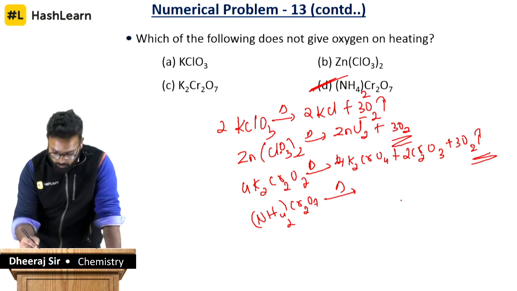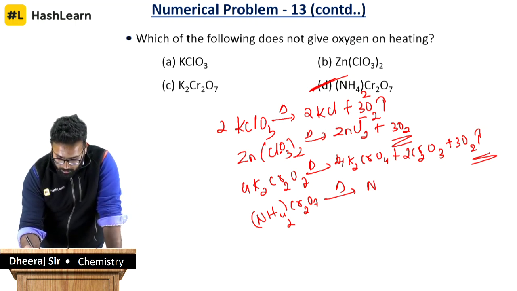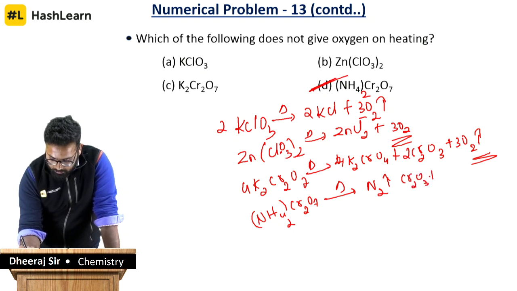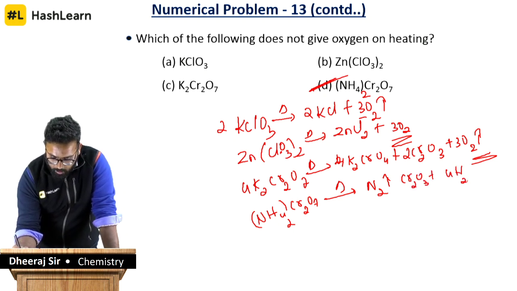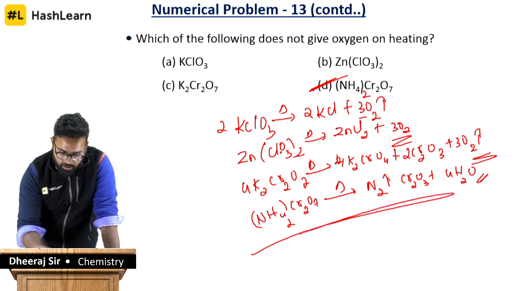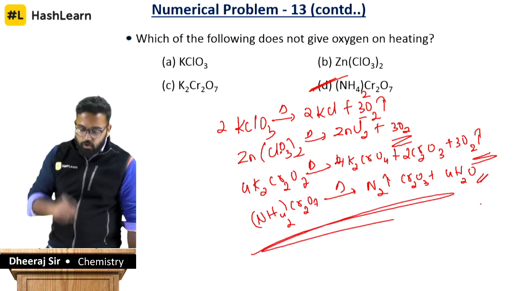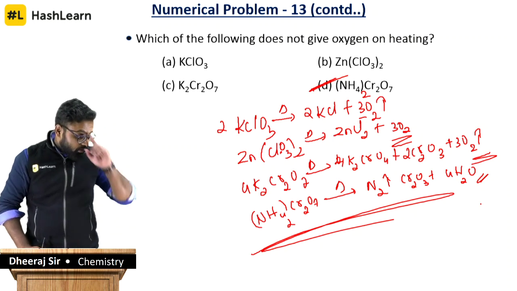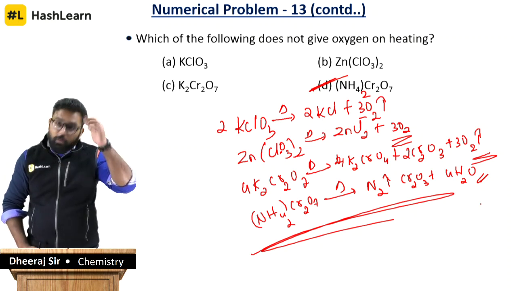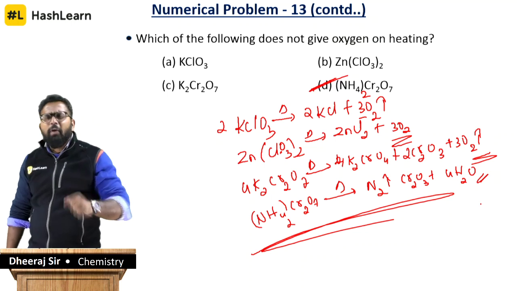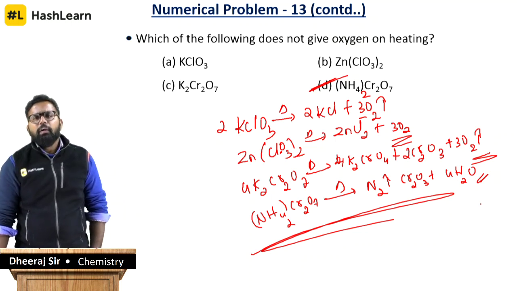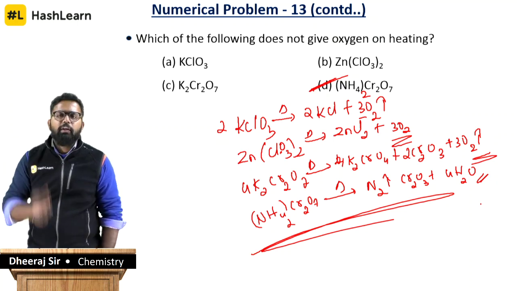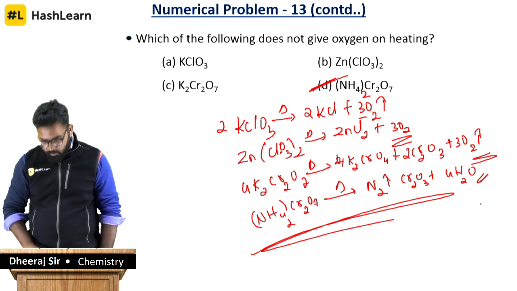Since it does not have potassium, it gives us nitrogen gas along with chromic oxide and water. So this does not give us oxygen, so option D is the answer. So remember these reactions, guys, quite important. I've been telling you, whenever I give you a reaction based question in inorganic chemistry, you have to make note of it. It is definitely going to help you.